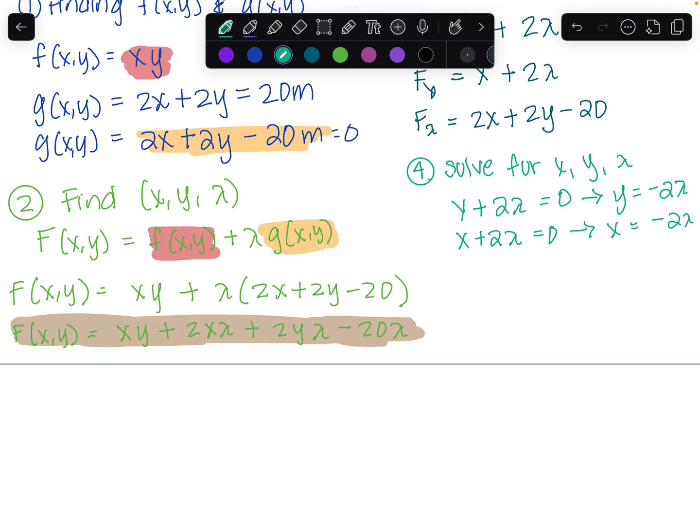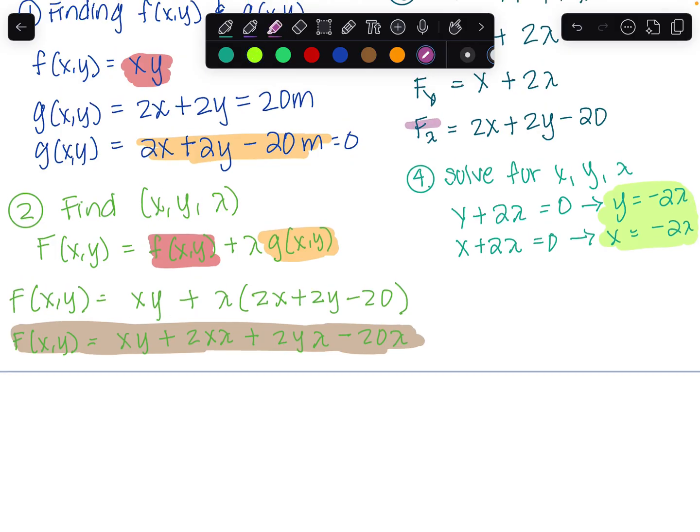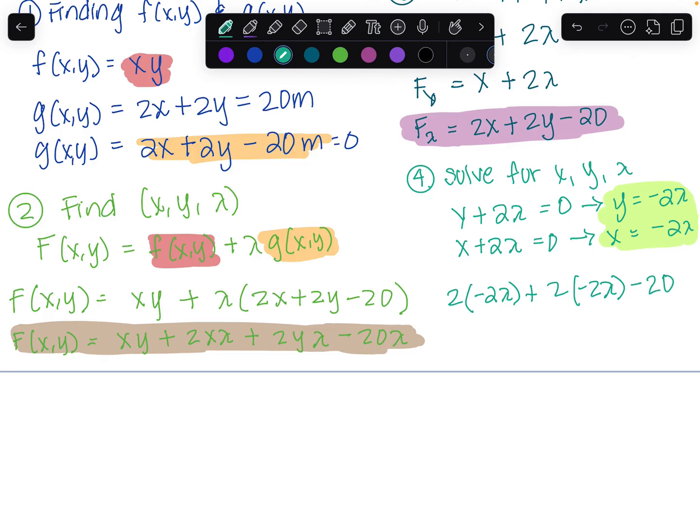And then we're going to take each of these here and plug them into this formula. So we're going to go 2 times negative 2 lambda plus 2 times negative 2 lambda minus 20 equals 0.